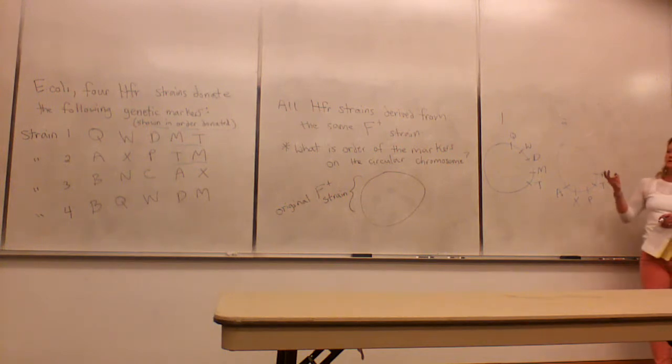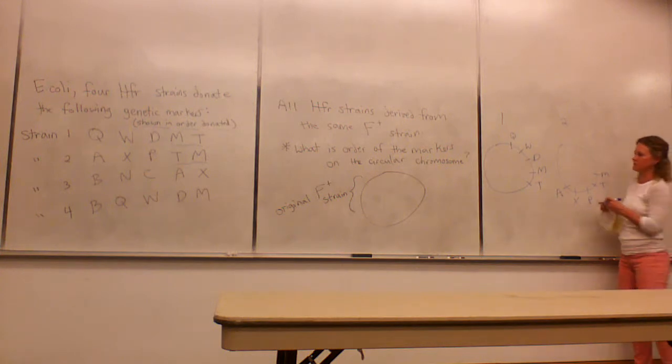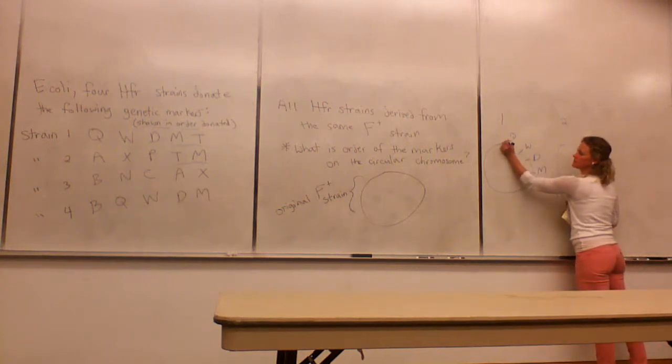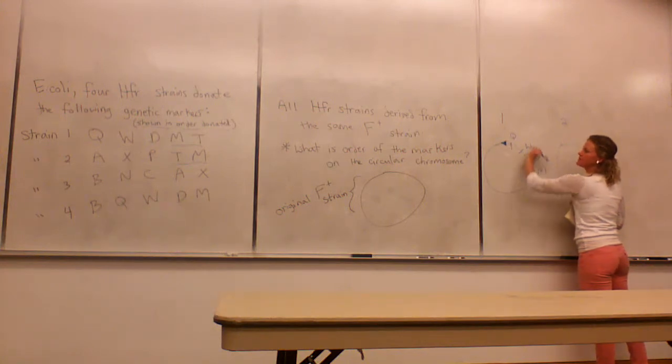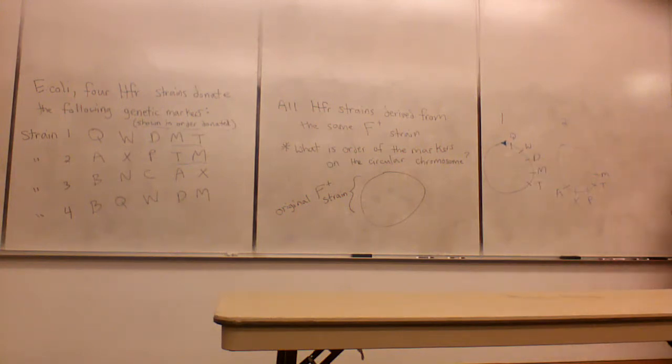So if they're entering in the order shown, that's the order that they were actually donated in, this one is entering with the Q coming in first, right? So often with these maps, you can indicate the order that this strain is rolling in, okay? That these markers, these genes are kind of coming in as. So with strain 2, where would I put my little arrow?